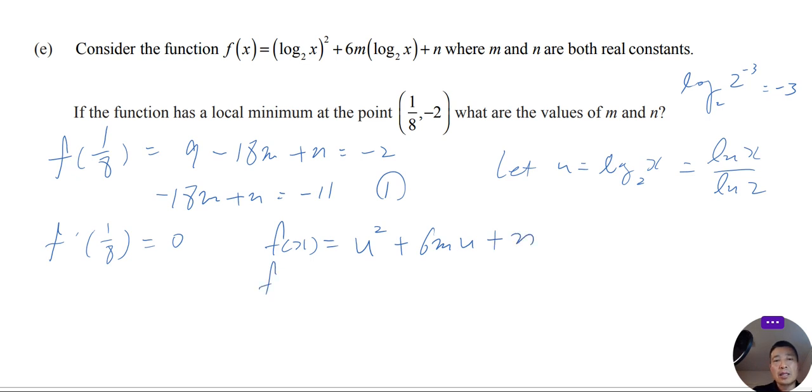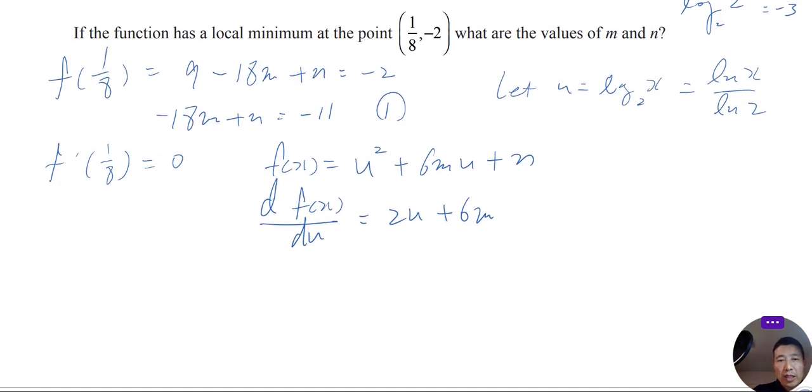So when I differentiate this, sorry, I have to do chain rule, isn't it? So we differentiate in terms of u, which means 2u plus 6m, right?